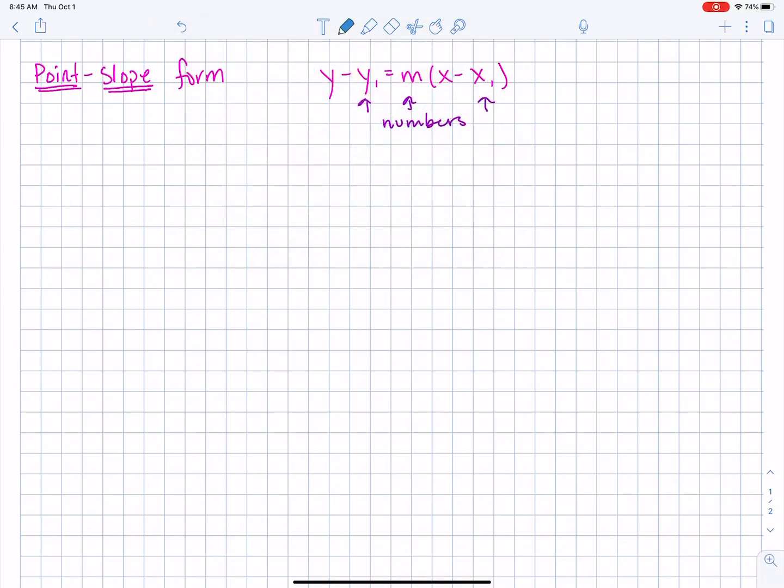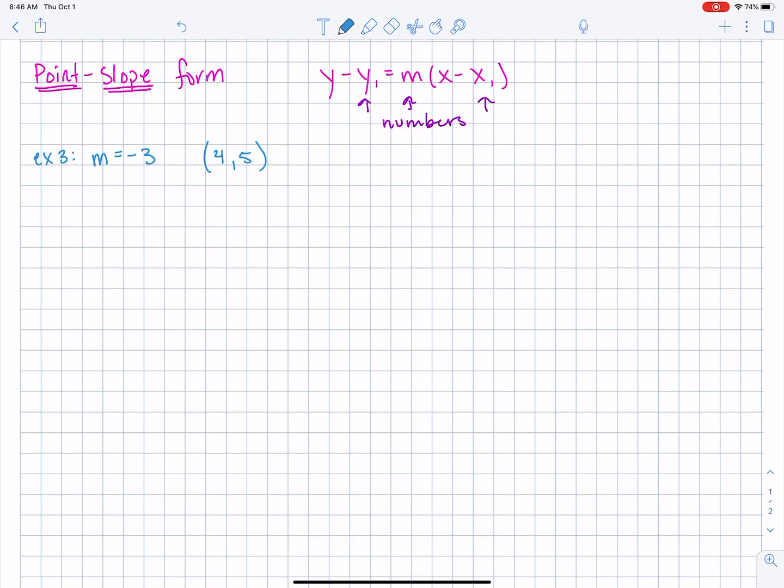So let's try one out. This is example 3. You're given a slope of -3 and the point (4, 5). So we're asking for the equation of the line that goes through the point (4, 5) and has a slope of -3.